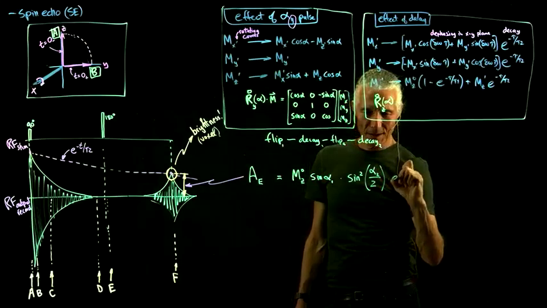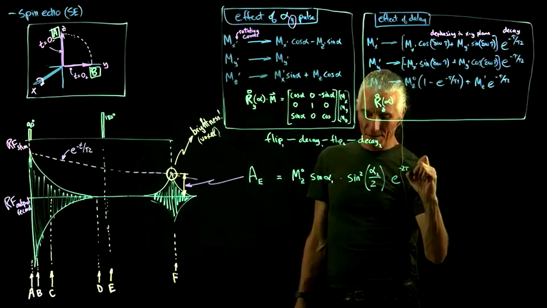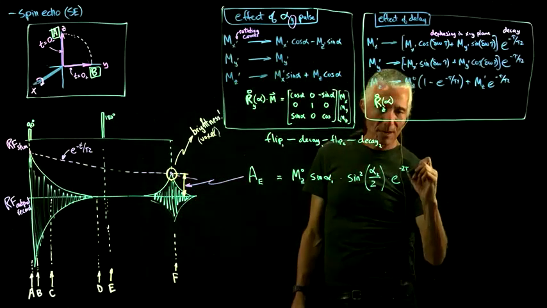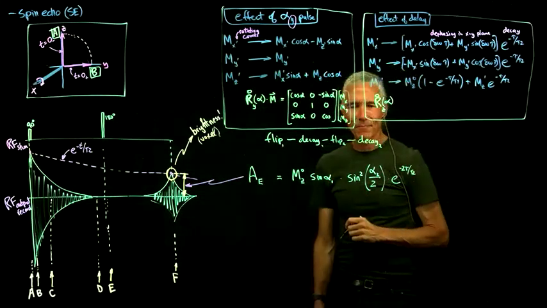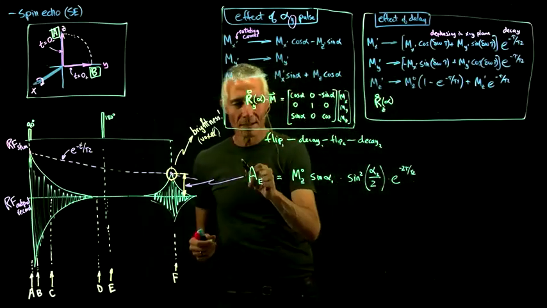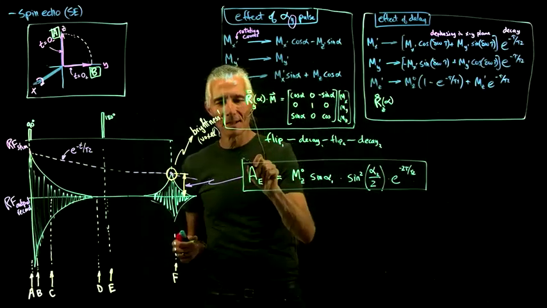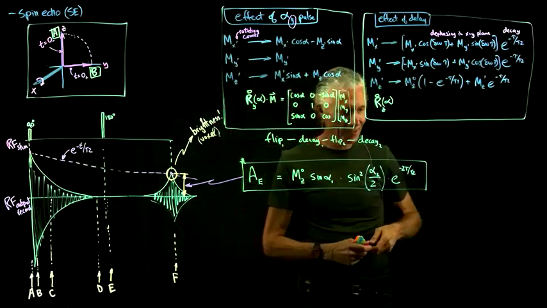And that whole thing is multiplied by this decay term, which has 2 tau, that's 1 tau and 2 tau, 2 tau over whatever the T2 value of this substance is. Okay, so that's our first. It gets 1 star because this is the most general one.